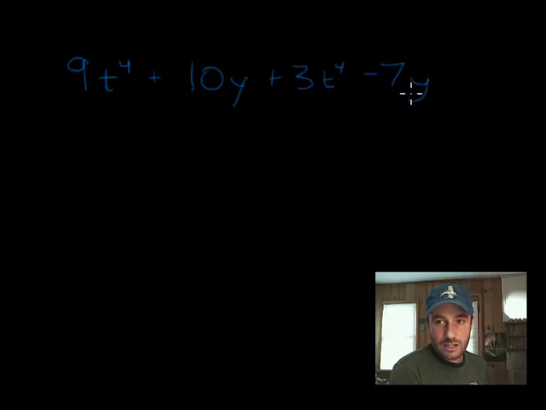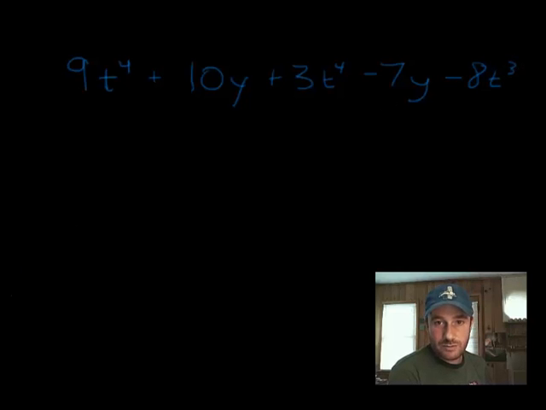Here's the math problem. 9t to the fourth power plus 10y plus 3t to the fourth power minus 7y minus 8t to the third power.